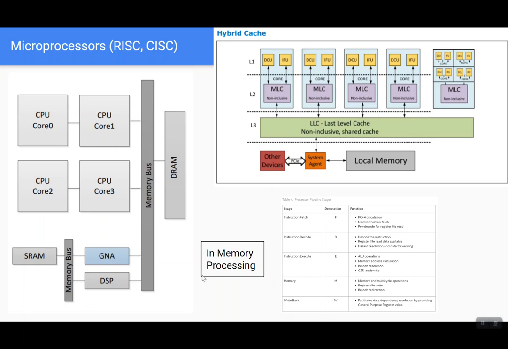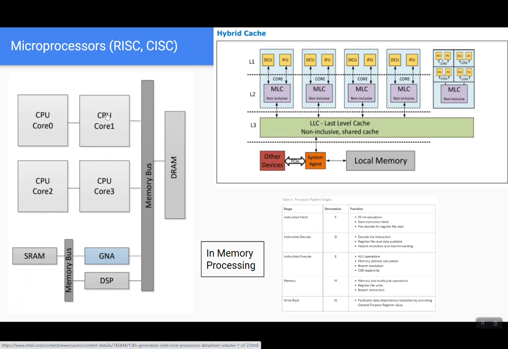Nowadays, in-memory processing is a very popular concept. What it means is that, because all the processing happens on a CPU, central processing unit, in this case there are four cores, all of those are basically processing engines.